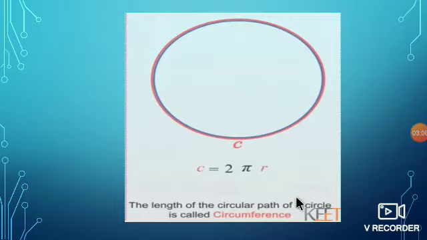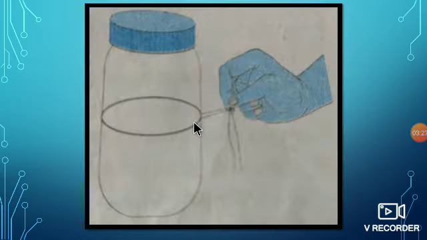This year you are going to learn about the circumference. What is meant by circumference? See, a blue colored circle is drawn here, and around it a red colored thread is wrapped. So what is circumference? See, this is a circular shape or cylindrical shape object.